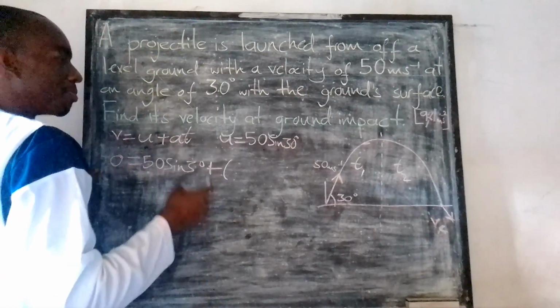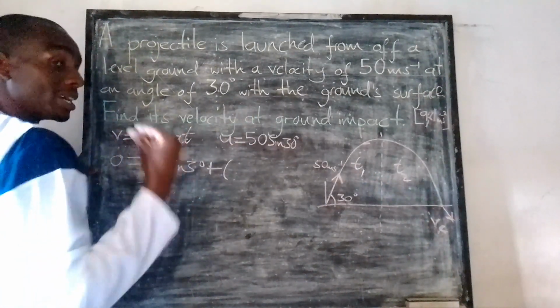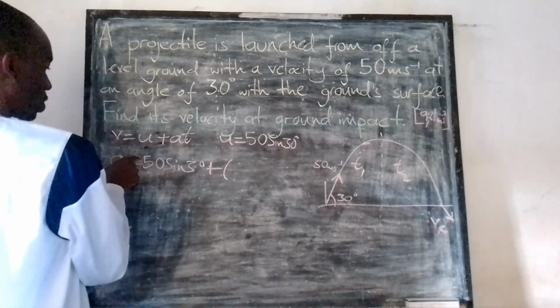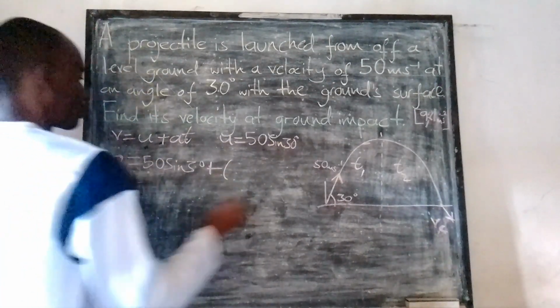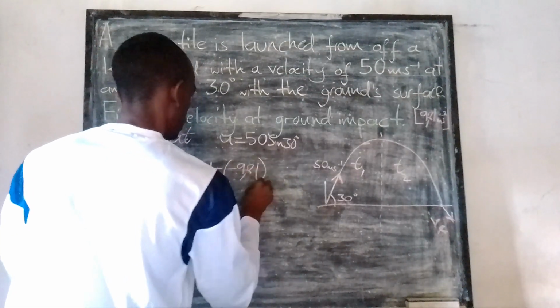I always make my acceleration due to gravity negative. Hence this becomes positive. But if my acceleration due to gravity was positive, this would be negative. So I've got minus 9.81 here.